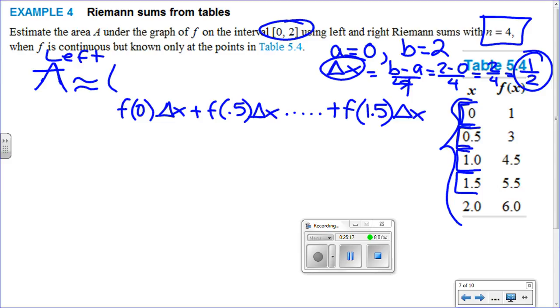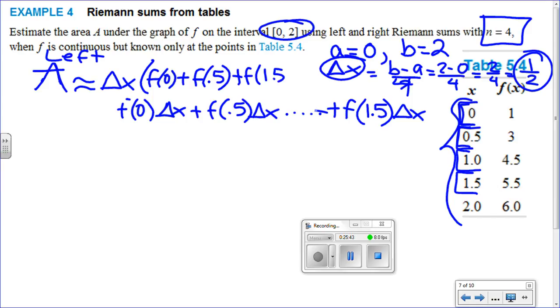Now, if we factor delta x, since they all have delta x, we get delta x times all those function values.